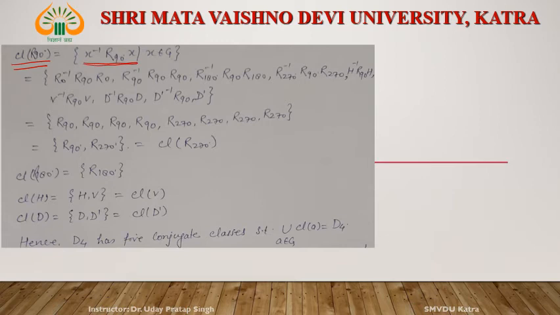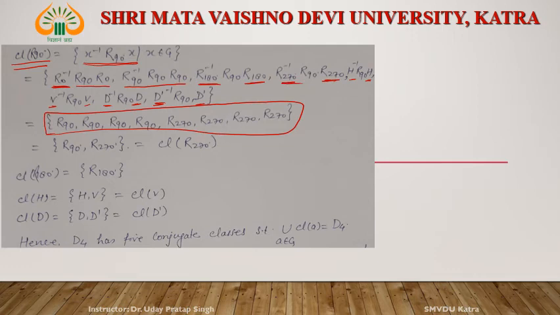First X is R0, then X is R90, R180, R270, H, V, D, D dash. Solve all this, you get these elements. And what is this? R90 and R270, right?